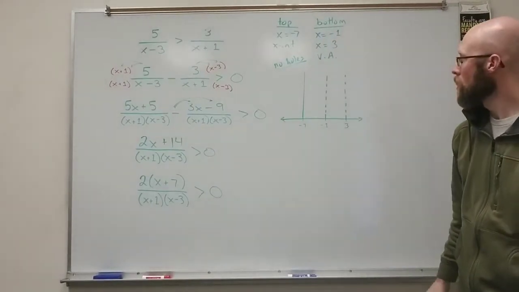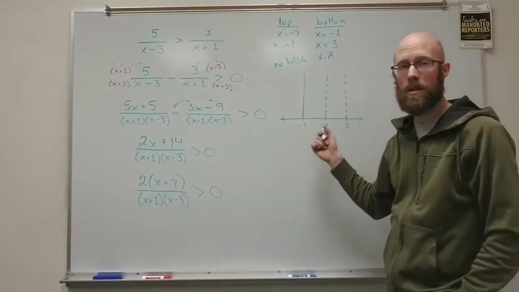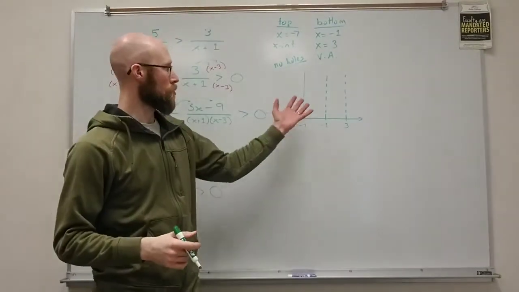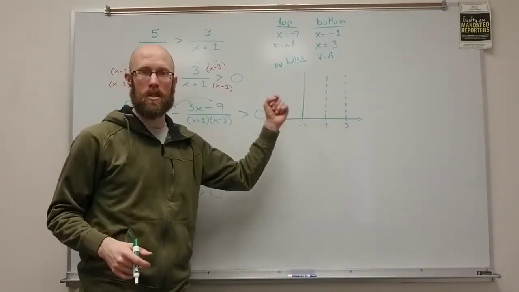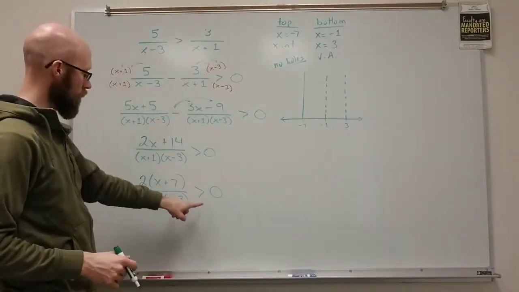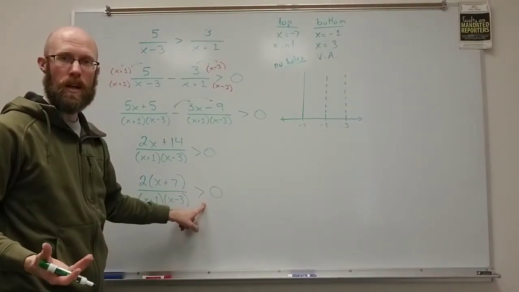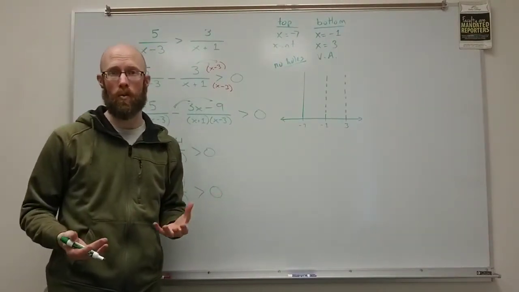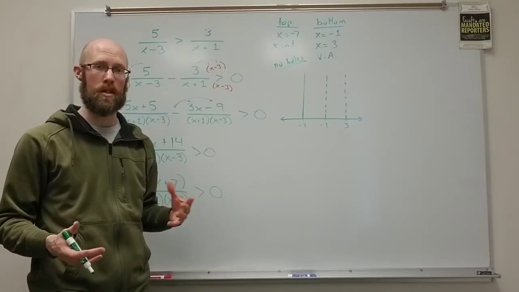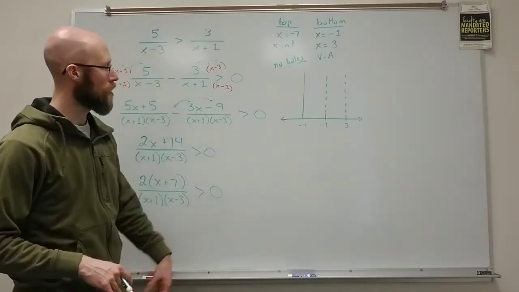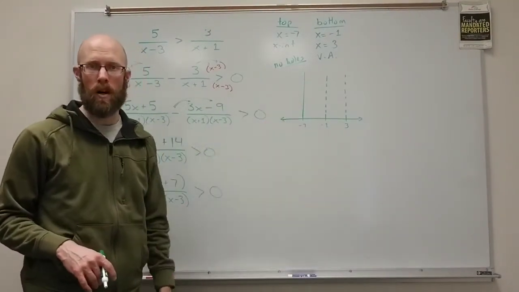Okay. Now in this one, it really doesn't matter whether we're looking at vertical asymptotes or x-intercepts because my original inequality has no equal sign in it. So the endpoints are not going to be included either way. So no matter what, I'm using parentheses and no brackets. But I still like to have that in there just for consistency's sake.